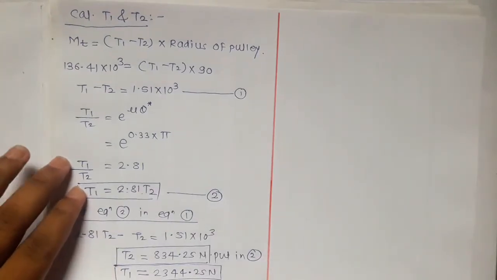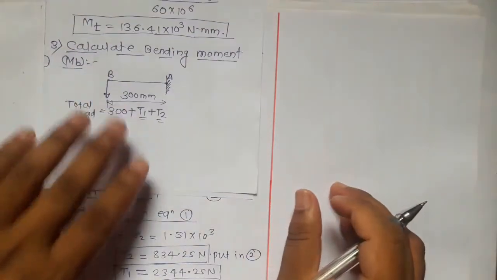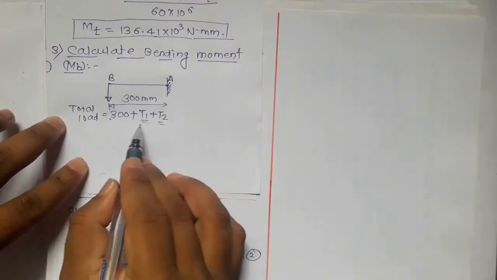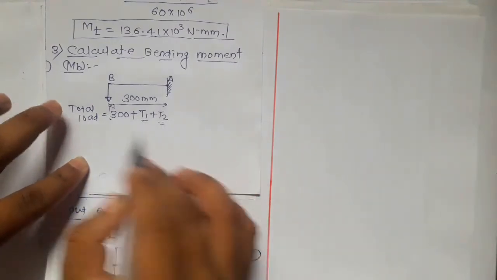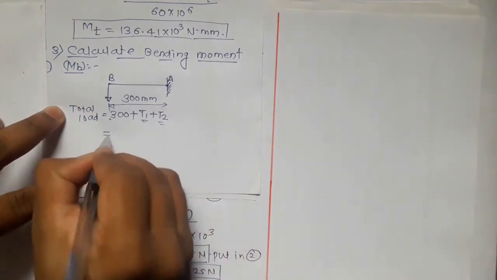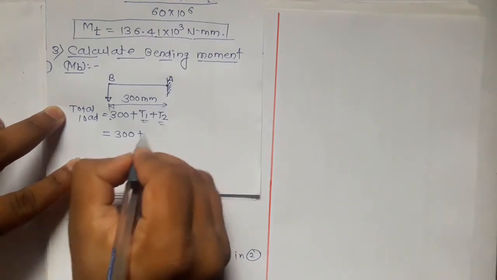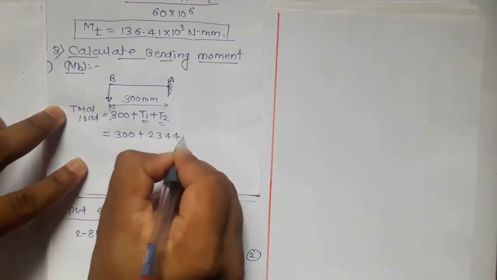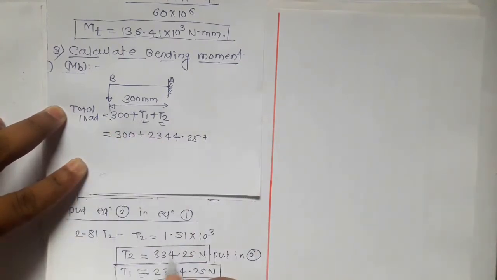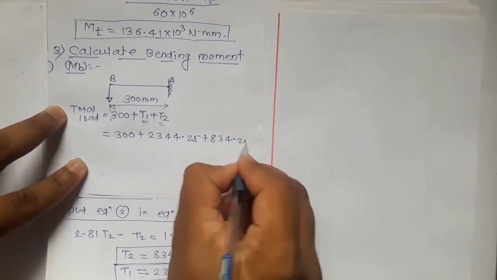Now in order to find out the total load, we have to add this T1 and T2 to this 300, that is the self weight of pulley. So we write the total load as 300 plus T1, which is 2344.25, and T2, which is 834.25.